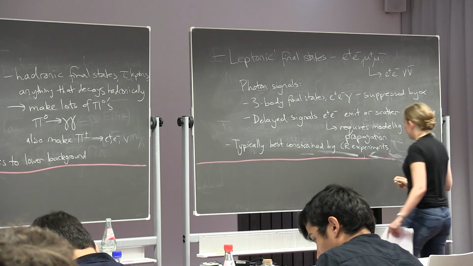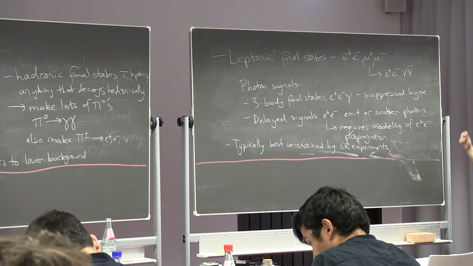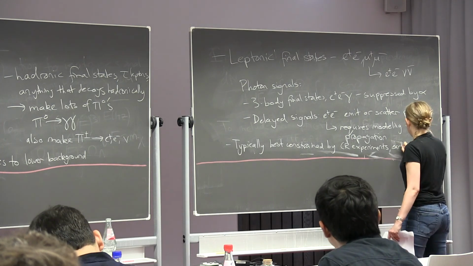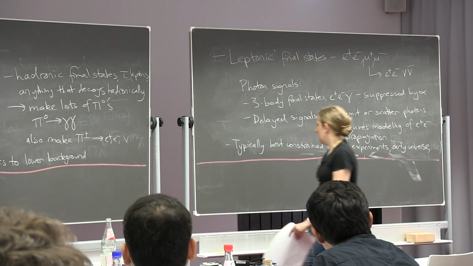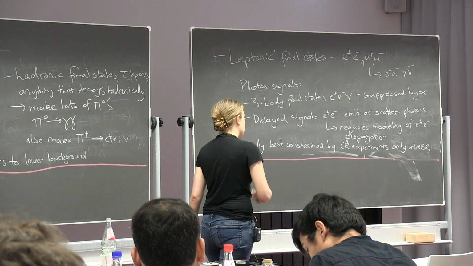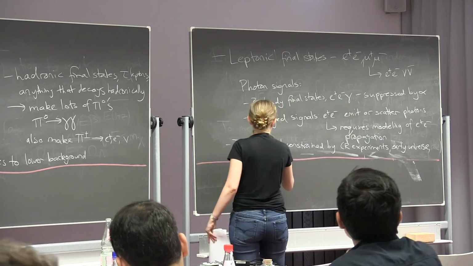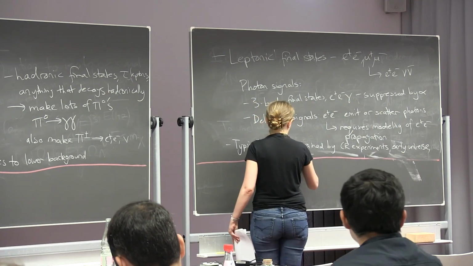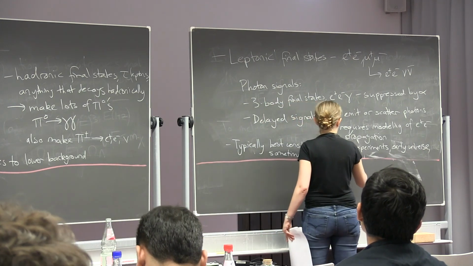And also by constraints from the early universe, where you just care about the injected power. And if there's no experiment that can see the electrons in this energy range, sometimes by the subdominant photon signals.